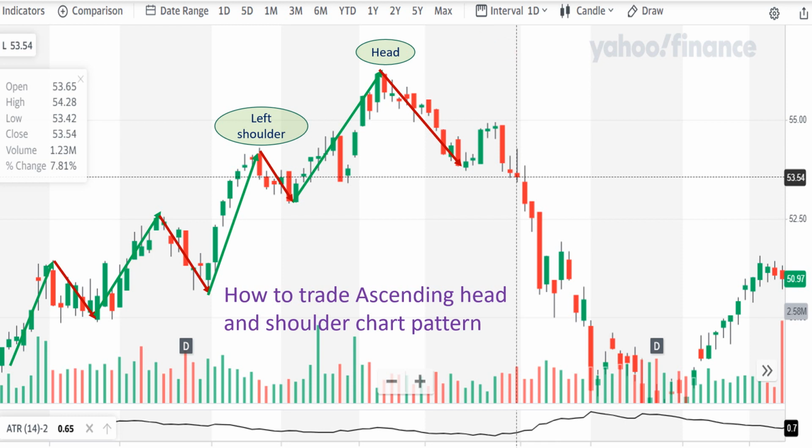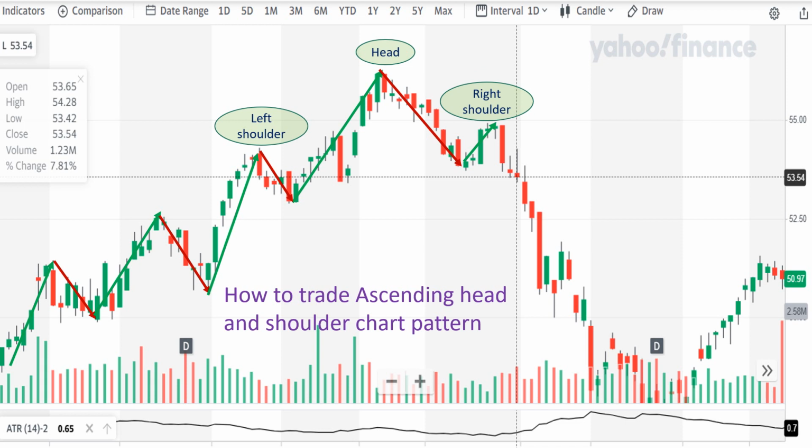Now look what happened. Unfortunately, the price failed to reach that high, which is a strong sign of a price reversal, and closed below the head, and as a result, the right shoulder is formed.